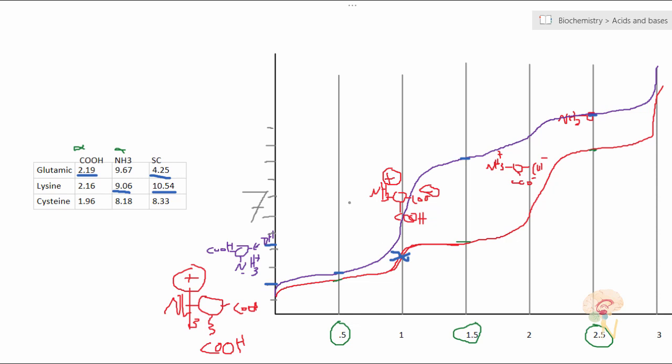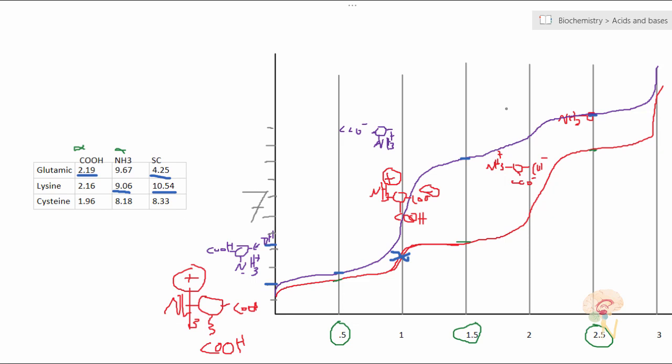As we are increasing, now we have this one, the acid dissociated. This is the acid. I'm drawing to the left now, I don't know why. COO minus, NH3 plus, and here another NH3 plus.